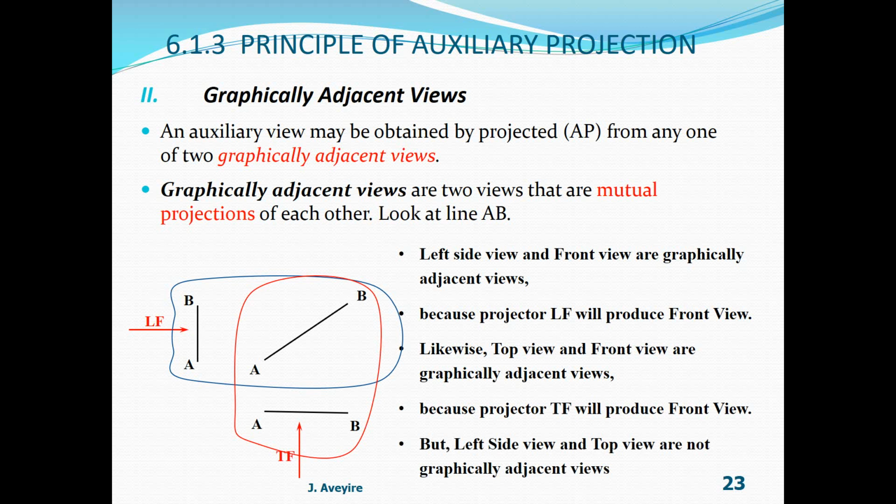However, the right side view and the top view are not graphically adjacent views. The right side view, which is on the left, and the top view, which is beneath, are not graphically adjacent views.